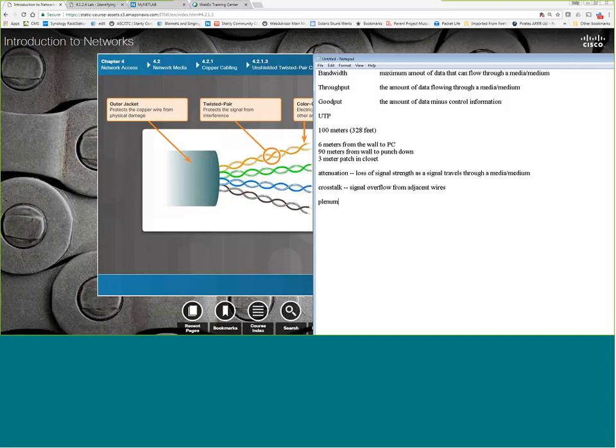Well, it's made of PVC, but it's more resistant to fire, and it also will not give off as toxic fumes as normal burning plastic will. So plenum-rated cabling is something to keep in mind if you're running cables through walls or through ceilings.